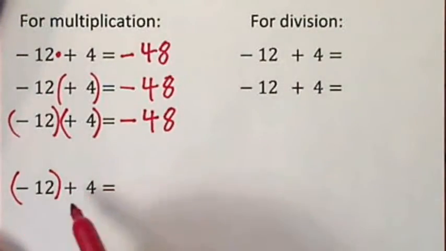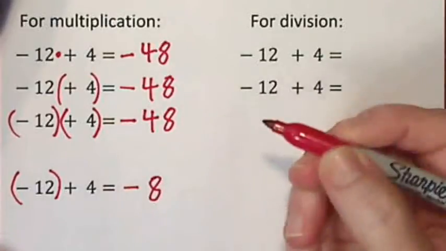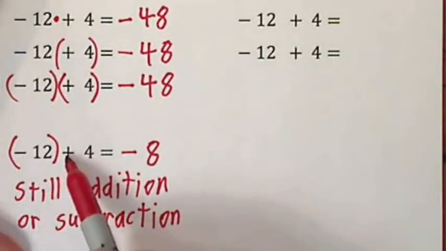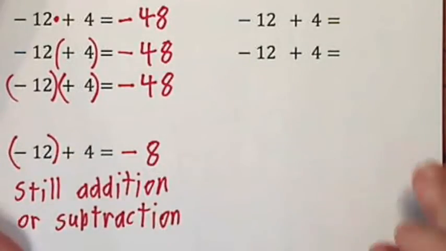So the answer here, the signs are different. You would subtract, keep the sign of the larger. Okay, all right, and that's because there's a sign next to the parenthesis instead of a number next to the parenthesis.